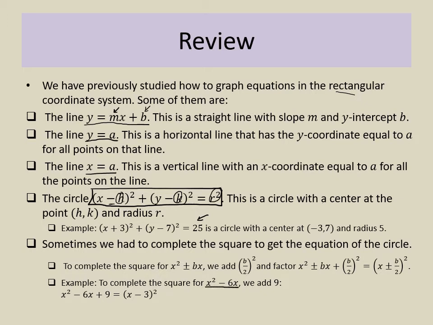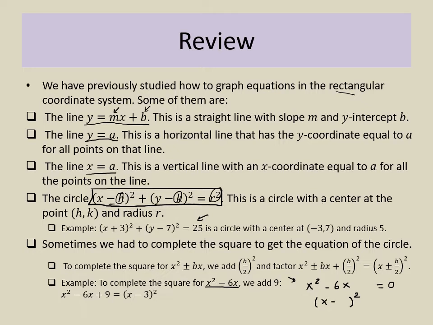So if I have x squared minus 6x, for example, equals, let's say 0, and I want to complete the square here. I want this to be a perfect square trinomial, so I can put it in this format. I can put it as (x minus something) squared.